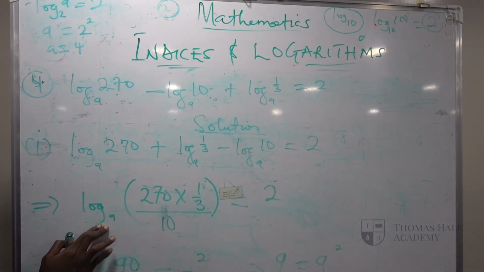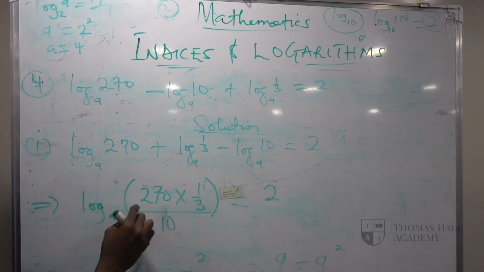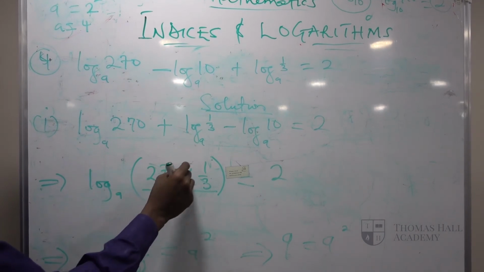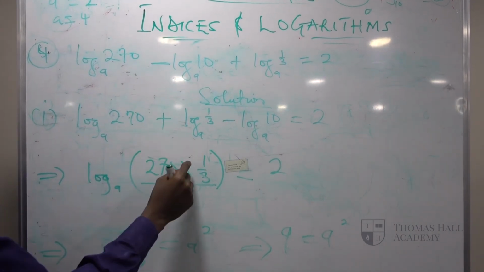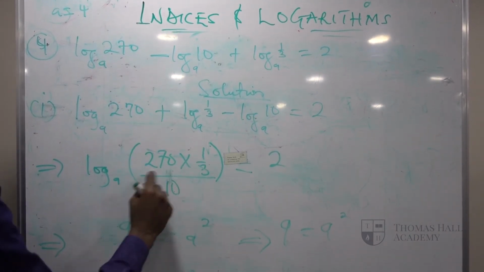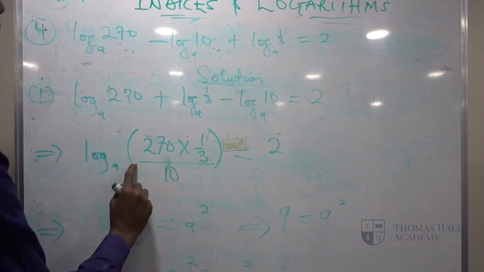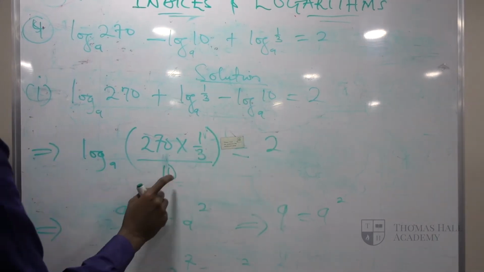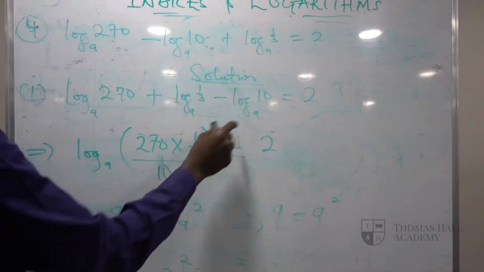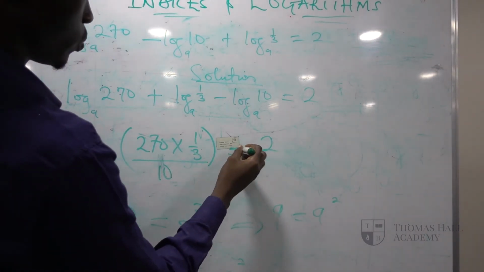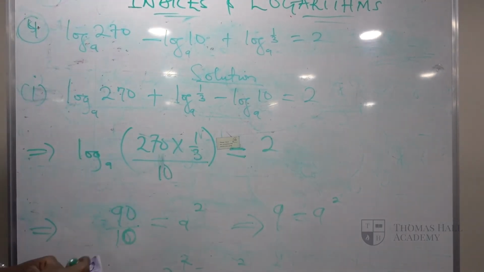Log base A, all of them are in base A. Then we have 270 times 1 over 3, times, because of this addition sign, times 1 over 3. Divided by, because of this subtraction sign, we have divided by 10. This equals 2. That's what we have there.